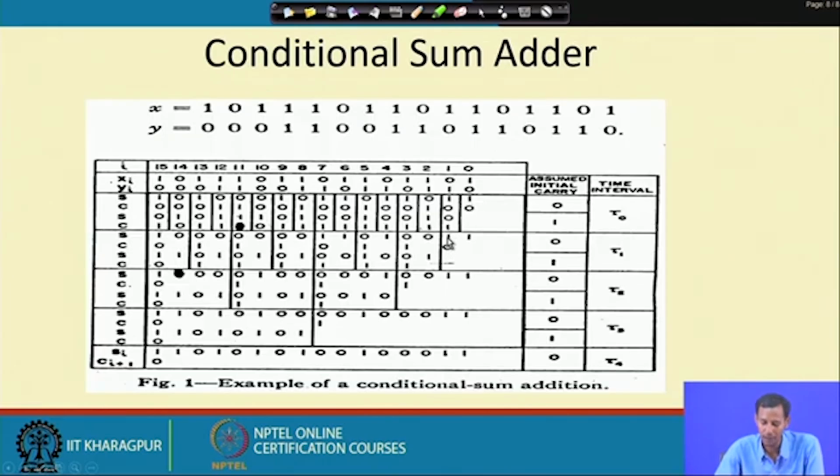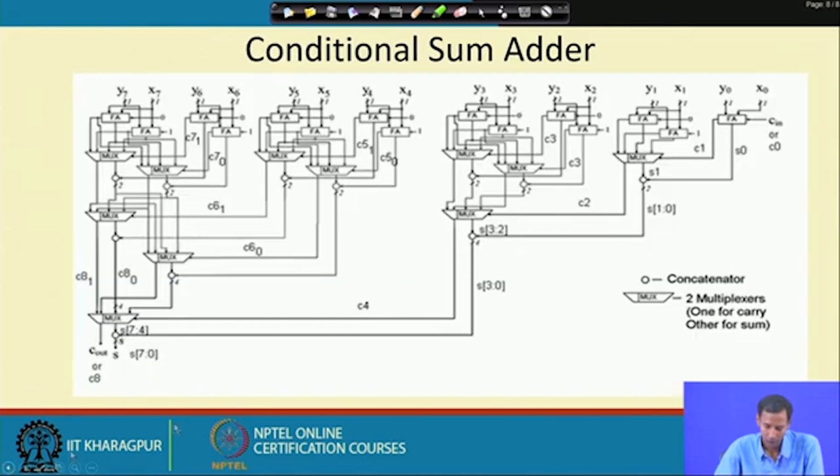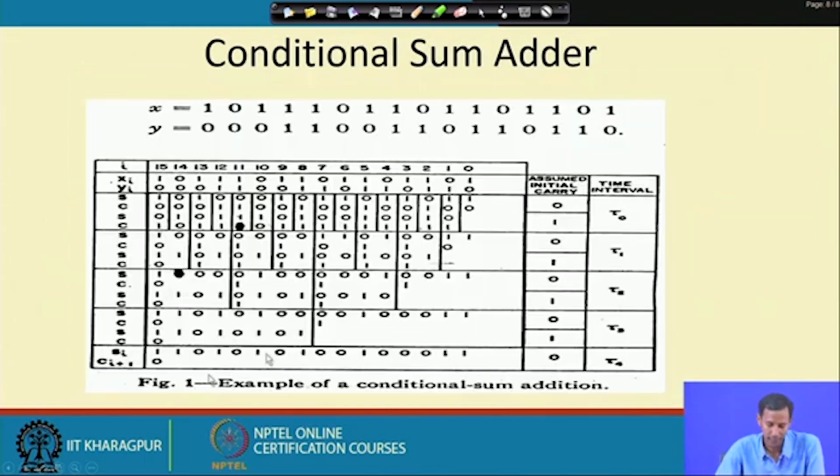So, in this particular case 1 and 0 will be selected, that means C 2 will be 0 and S 1 will be 1. So, S 1 is 1 and carry C 2 is 0.